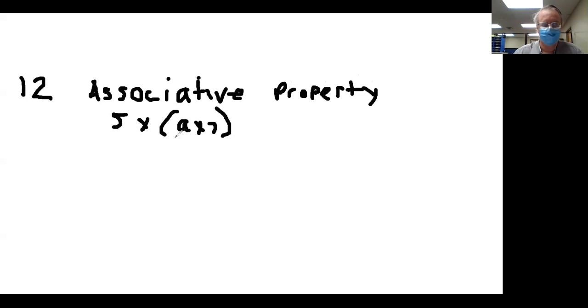Associative property is when you can switch out two numbers. Take the 7 out, put the 5 in, and it'll be the same.